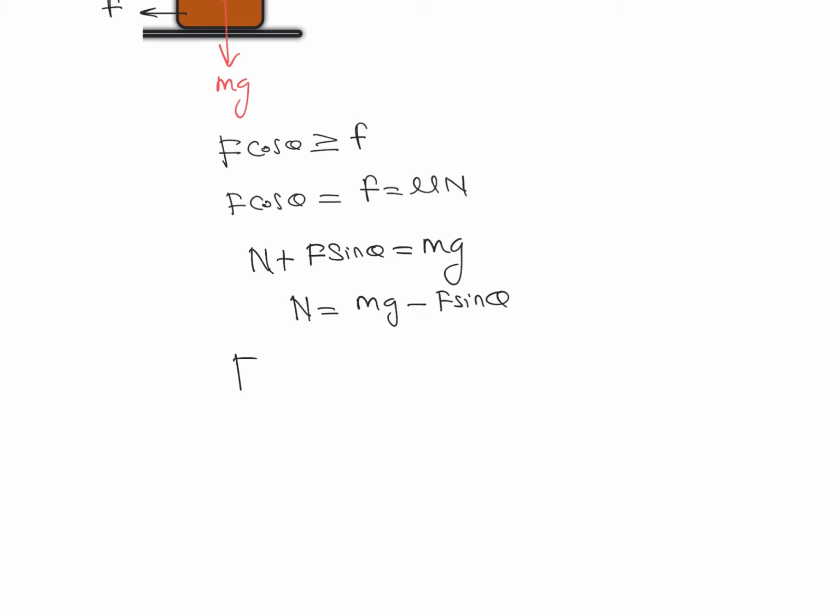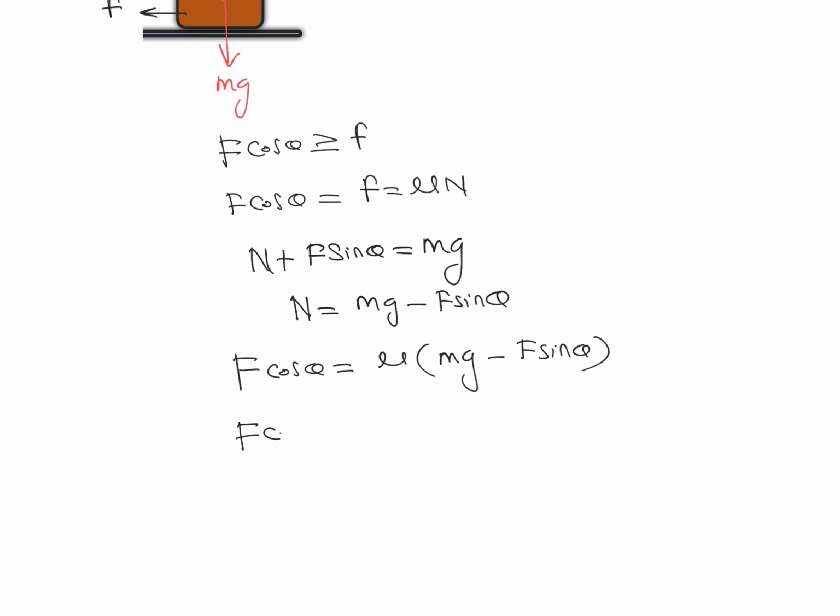So over here you can find out the value of this force required, that is f cos theta should be equal to mu into normal reaction. Normal reaction we can take as mg minus f sine theta. So from this equation we can find out the value of f.